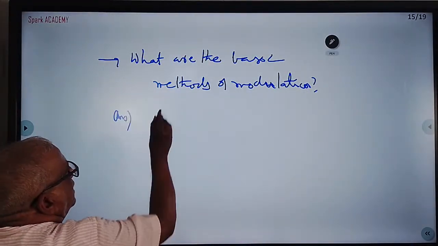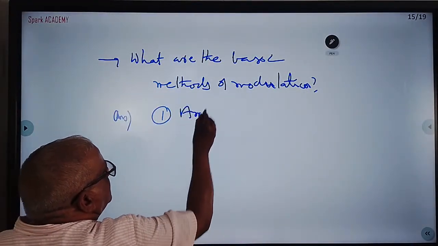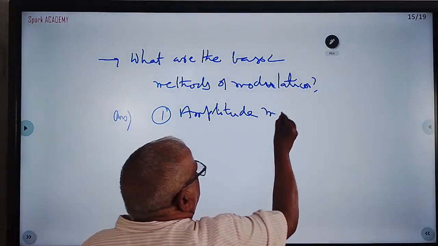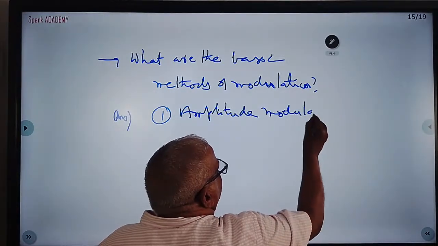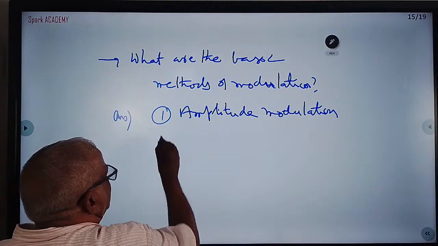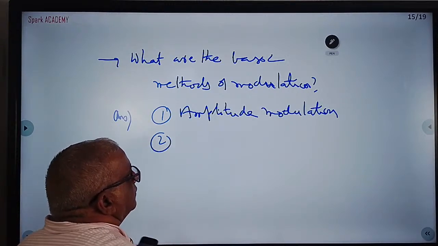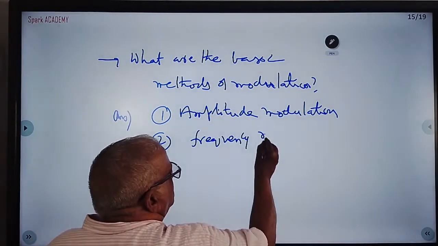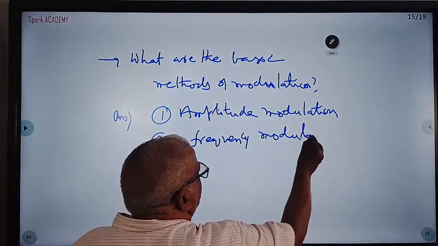Answer: there are three types of modulation. One is amplitude modulation. In this, amplitude will change, and frequency and phase remain constant. Second is frequency modulation: amplitude is constant, frequency will change.